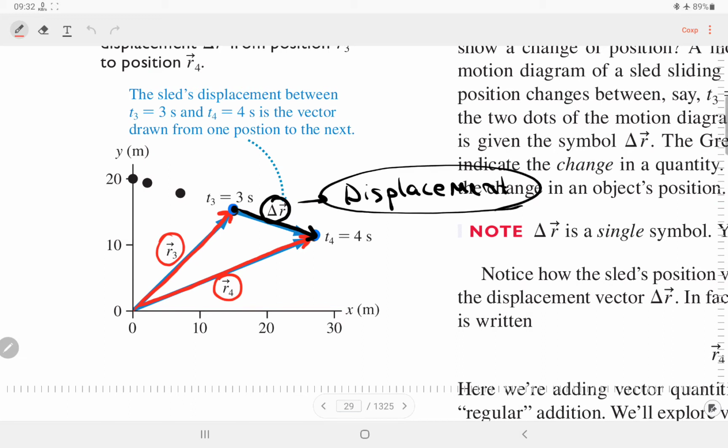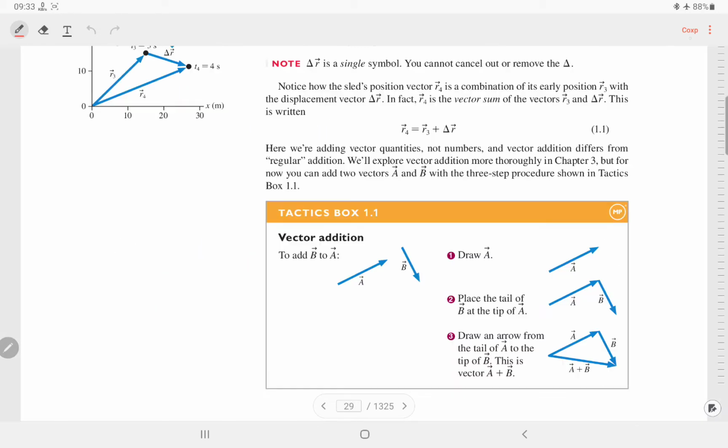So as you see from this figure, displacement is a change in position. Change means R4 minus R3. Final position minus initial position will give you displacement.